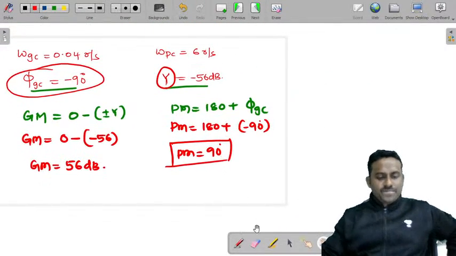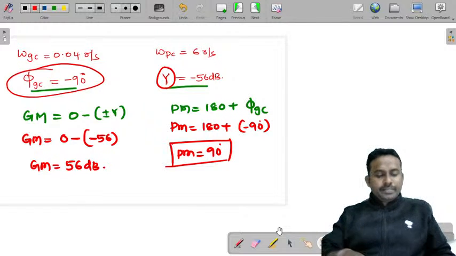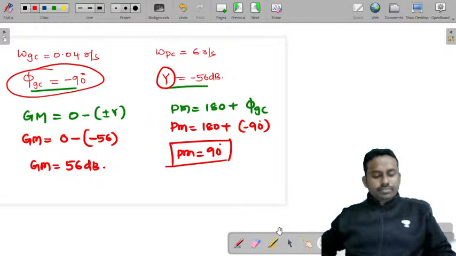Yes, clear, sir. Very good, Varsha. Hasya, do you have any doubts? Sanjana, do you have any doubts? Kishore, Shivakumar? Hope the concept is clear to you, Hasya.